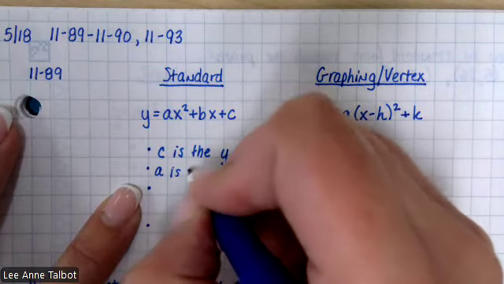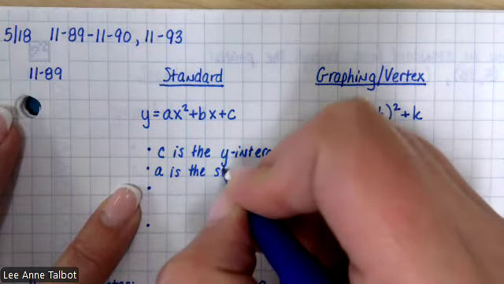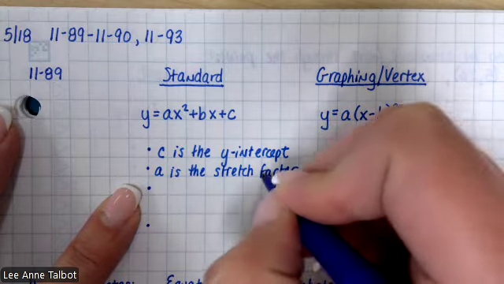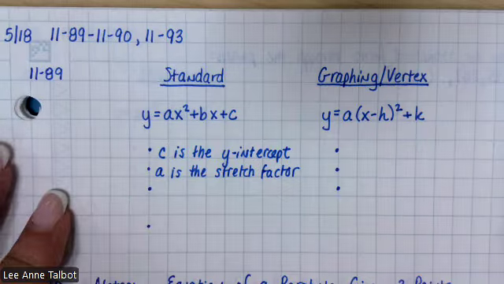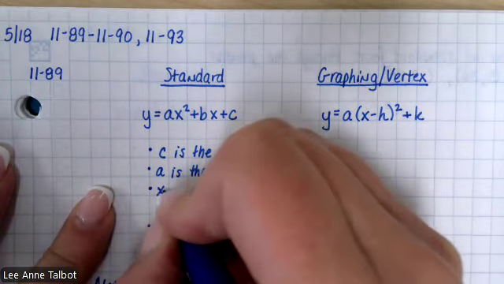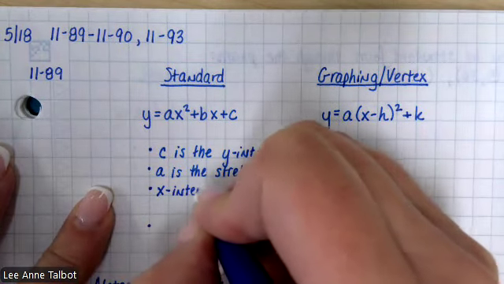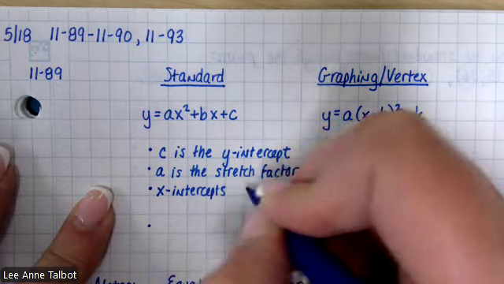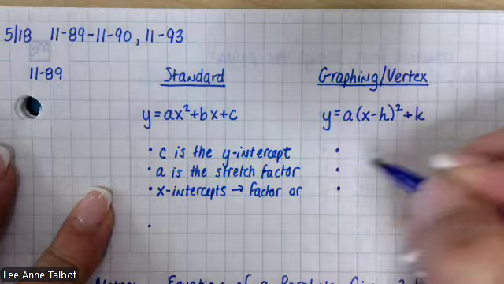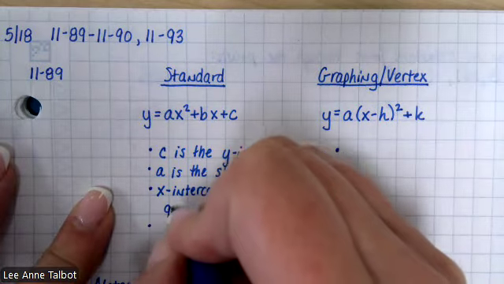A is the stretch factor. To get the x-intercepts, you factor or use the quad formula.